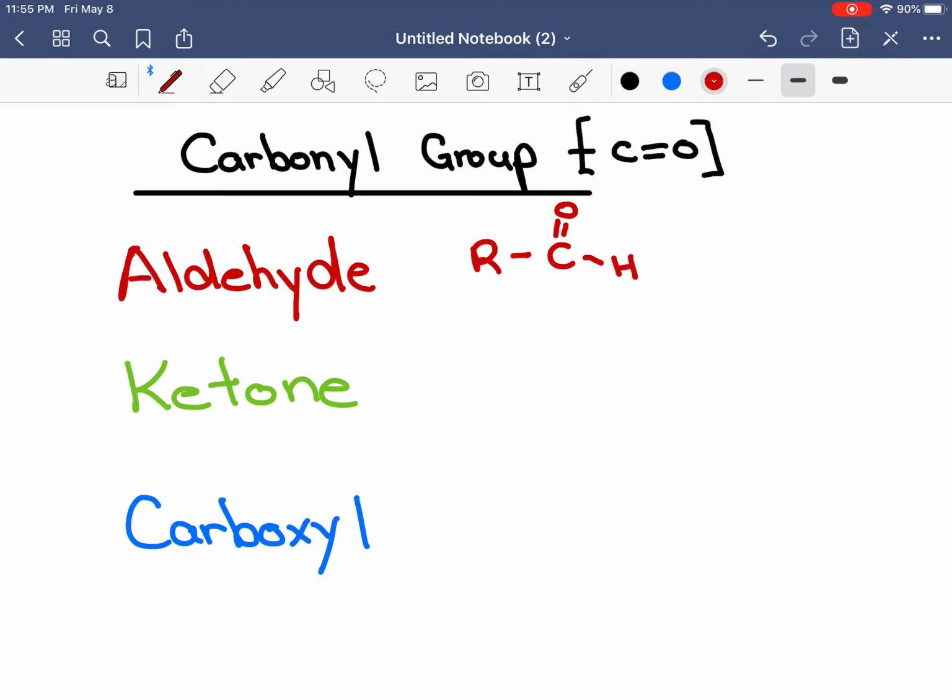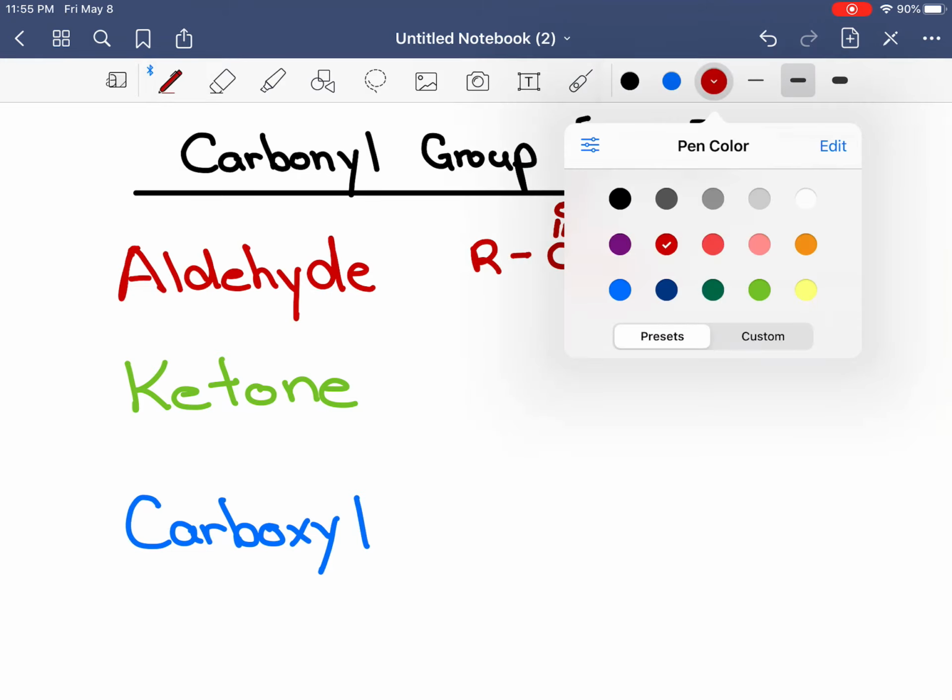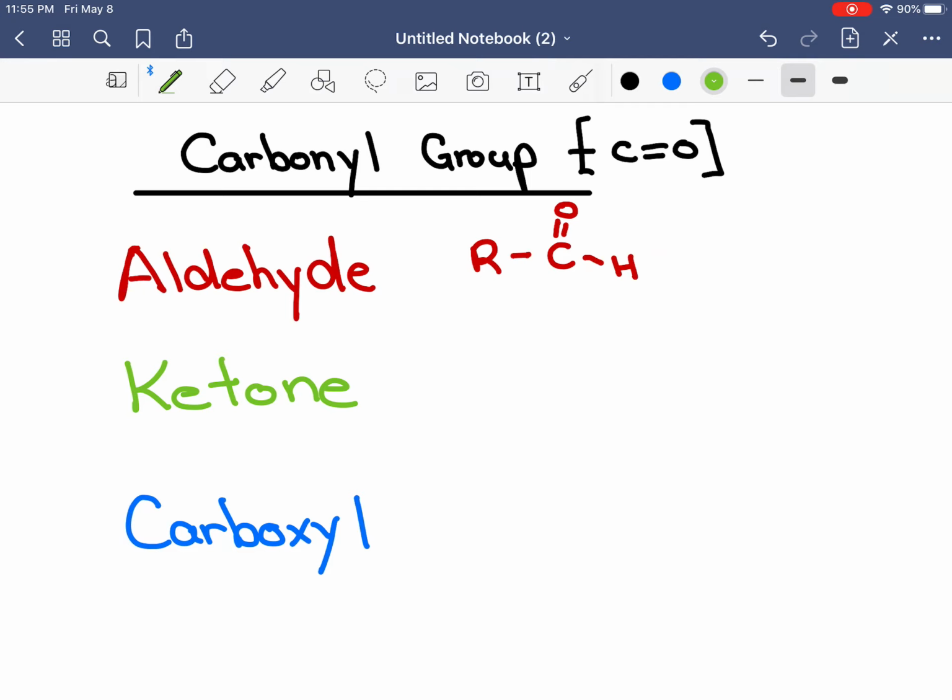Now, how is that different from its cousin, ketone? Well, ketone will have C double bond O. It'll have the R. But instead of an H here, no. It is connected to more hydrocarbon group, and it may be different. Let's call that R prime.